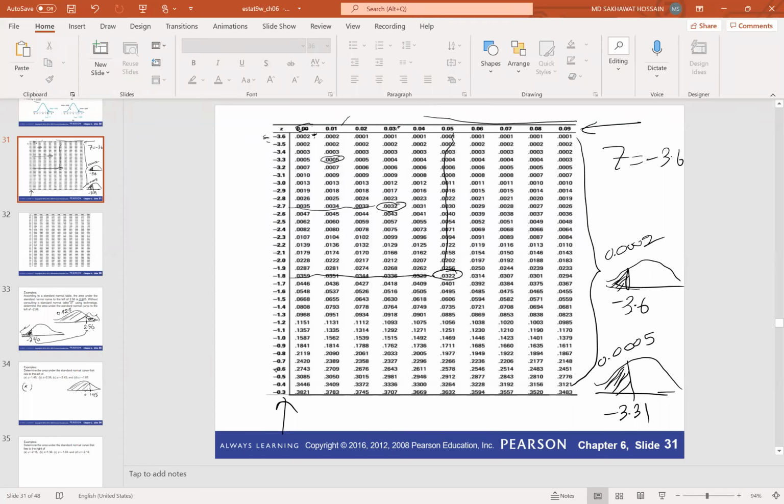So that means -1.85. Similarly, this number is the area to the left of -0.9, and the second digit is 7. So that means -0.97. And similarly, this number is the area to the left of -0.4, and the second digit is 4. That means -0.44.